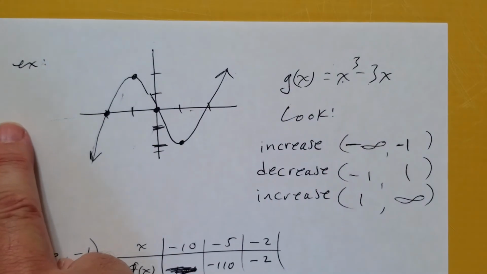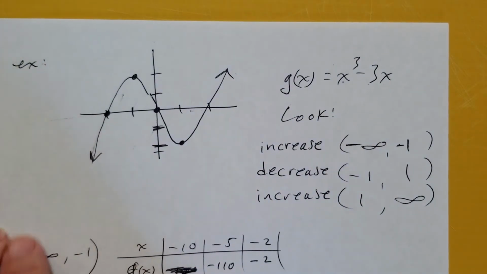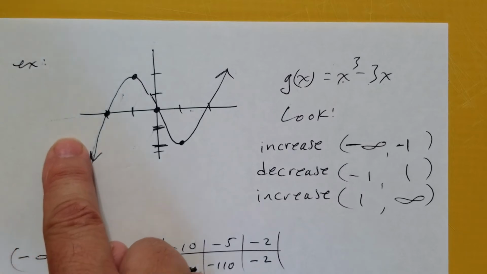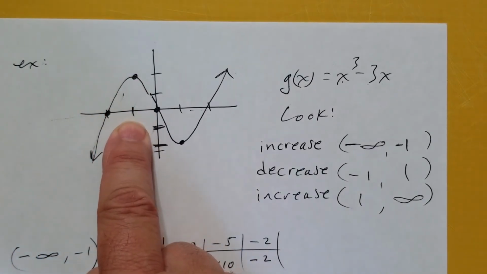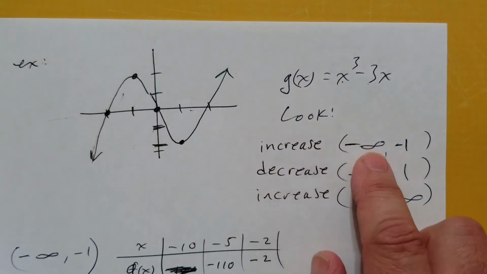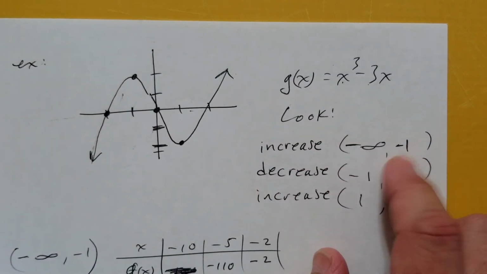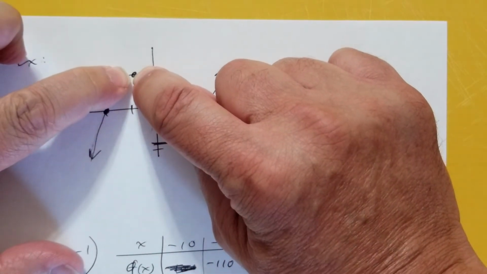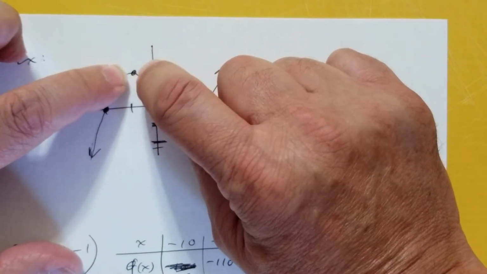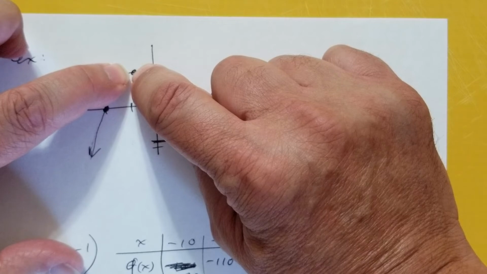So as we go from left to right, it's going to increase all the way up to -1. Right? So increasing from -infinity to -1, not including -1, right? It's not increasing at -1. That's just equal to a point. The point is not increasing or decreasing.